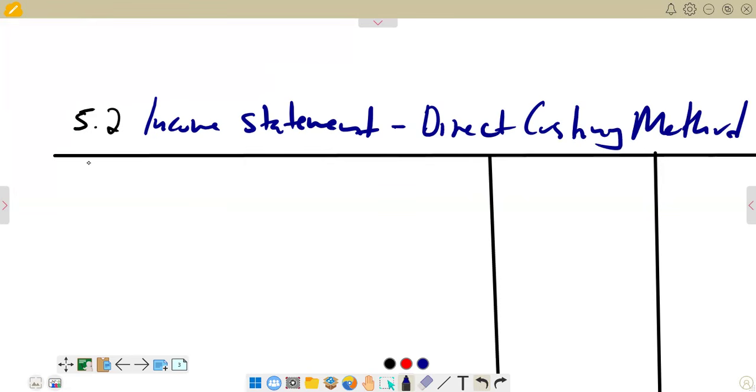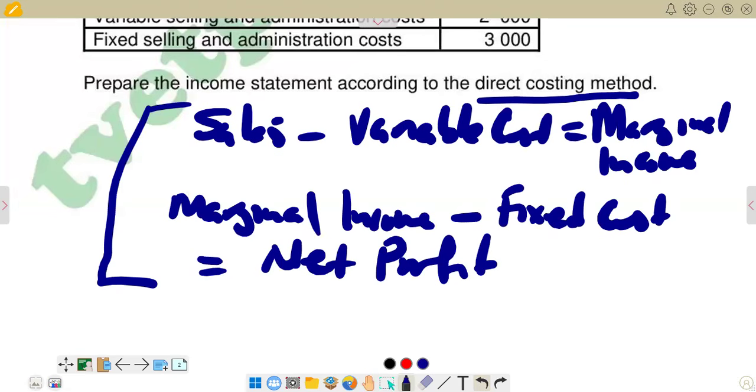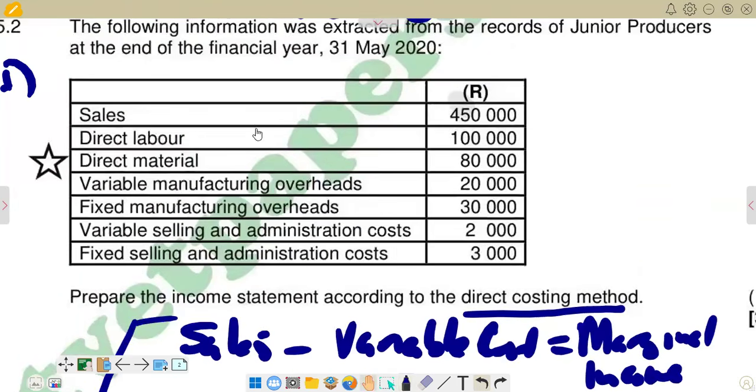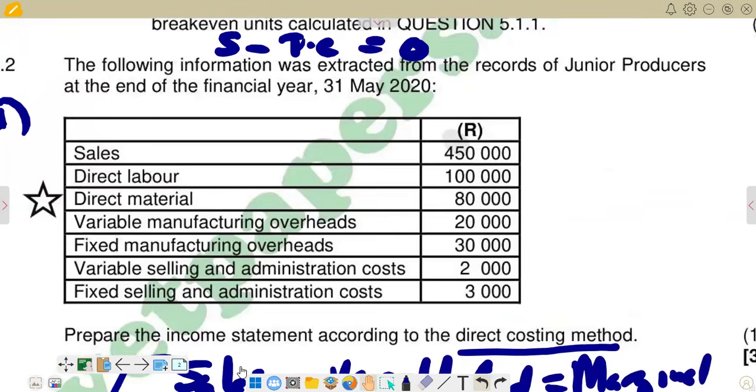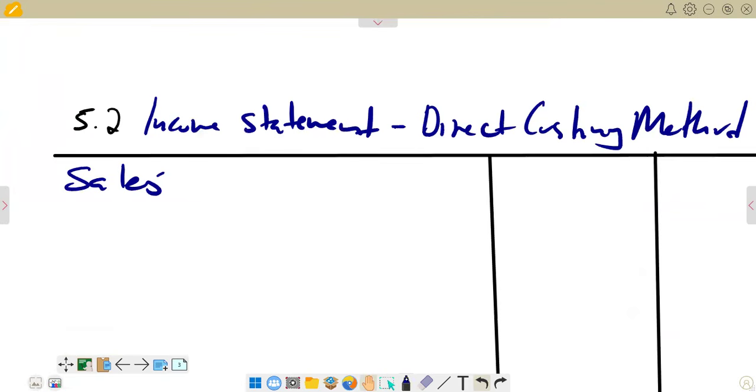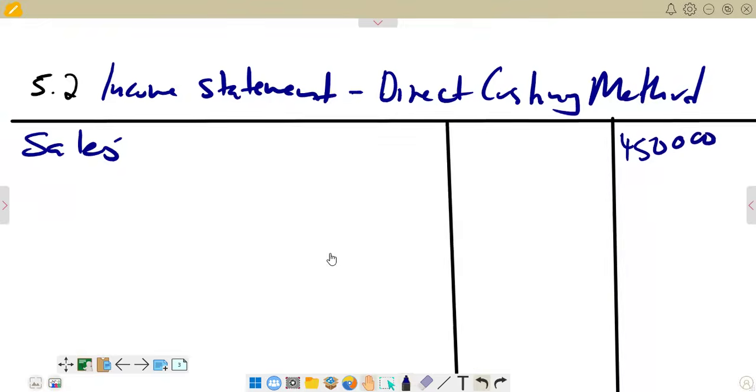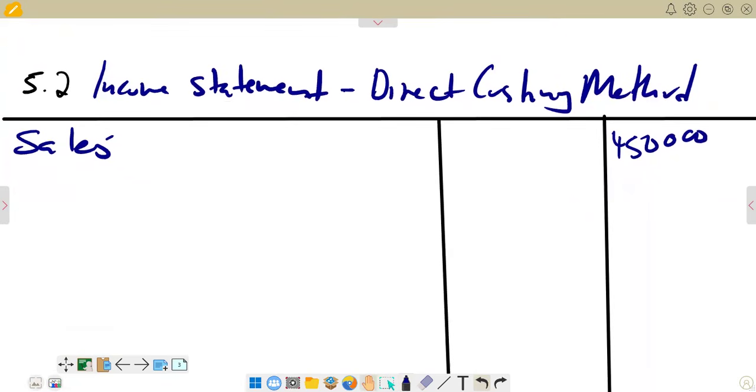So we are starting with sales. Remember, our sales we are given in the question. We go and check the value of sales. You see that sales here we've got 450,000. So we're just picking 450,000. Then we go and check the next one.